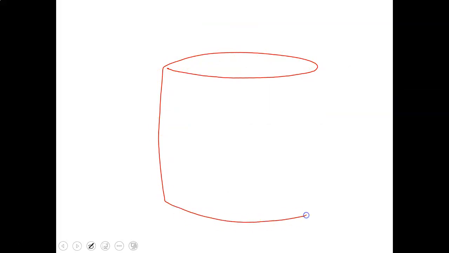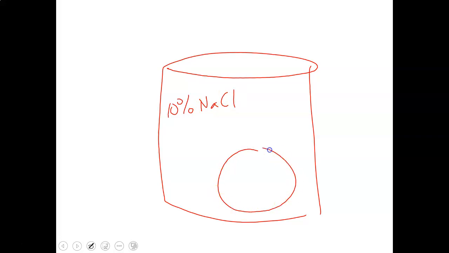So a couple of other examples that I can think of. Let's say we have a beaker, and the beaker contains, let's say, a 10% salt solution. And let's say we put a selectively permeable bag that contains, let's say, a 2% salt solution. Alright, so the bag here is selectively permeable. No salt can go through, but water molecules can go through.